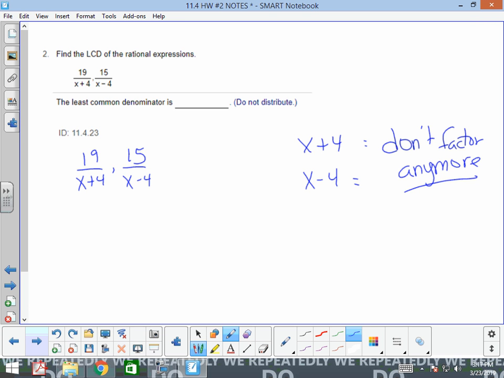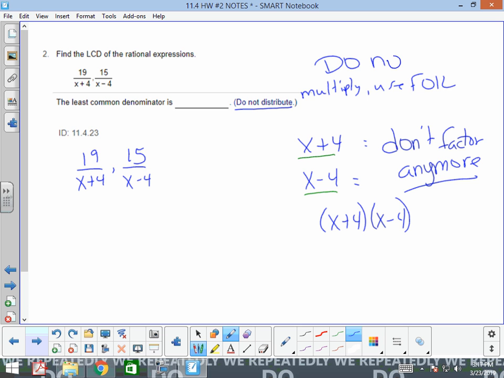Okay, so what we're going to do is multiply x plus 4 and x minus 4. Now that is the LCD. It says do not distribute, do not multiply, do not use FOIL. So you're just going to write it as (x plus 4)(x minus 4). To me, those are the easiest kind.